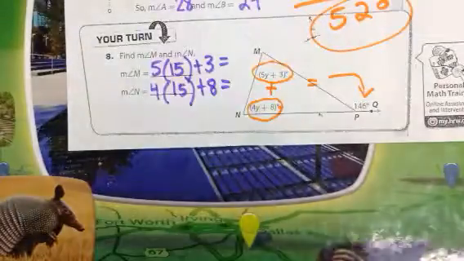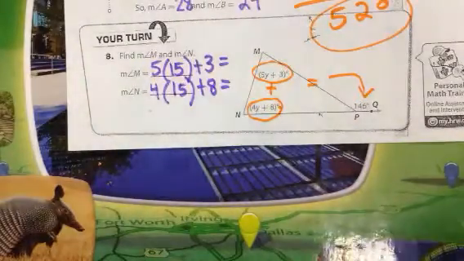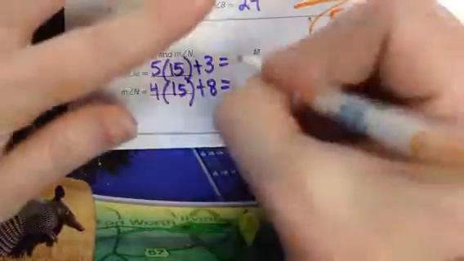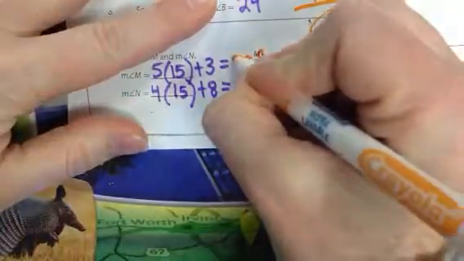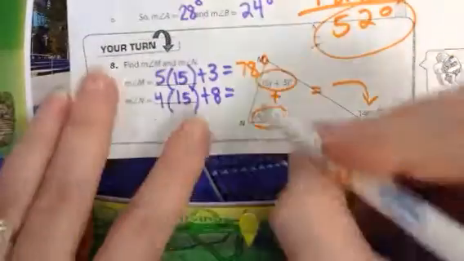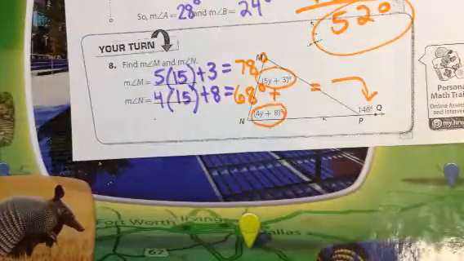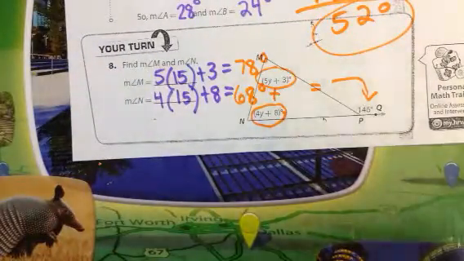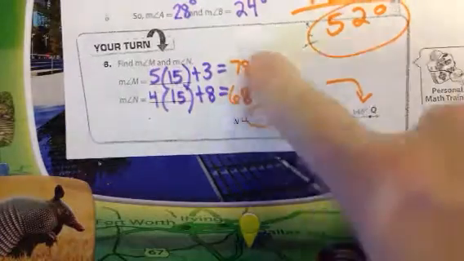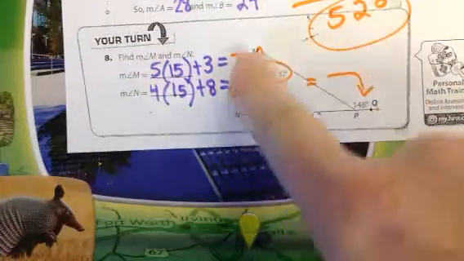From there, I could use my calculator to get angle M is 78 degrees, and angle N is 68 degrees.